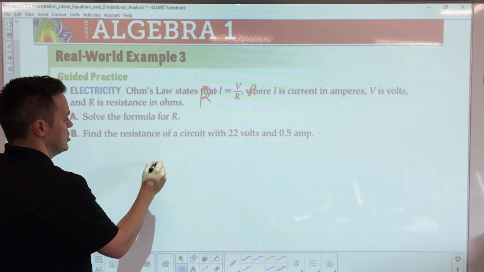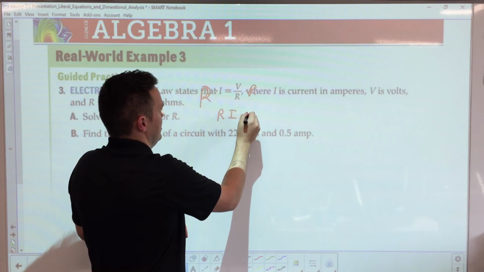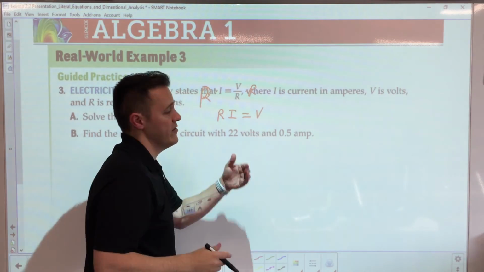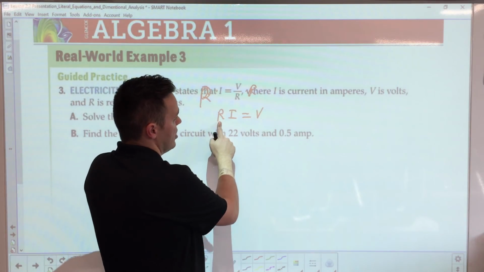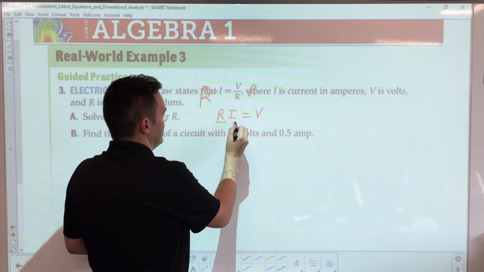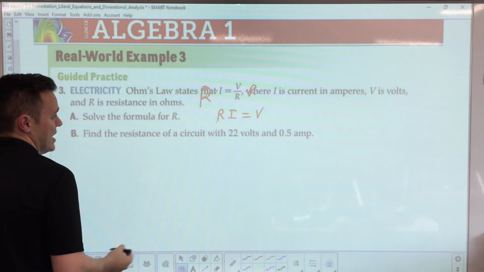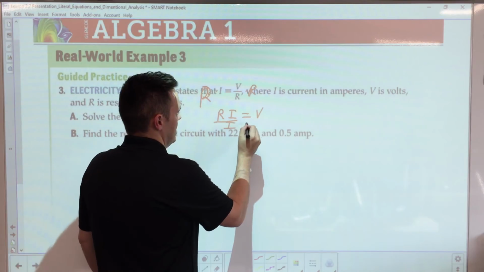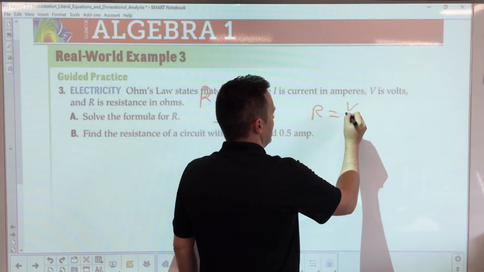That's a weird R. If you do that, you would end up with RI equals V. Hopefully everybody sees that and understands that, okay? And now, since we still have to get R by itself, you have to divide both sides by I. So you'd end up with R equals V over I.